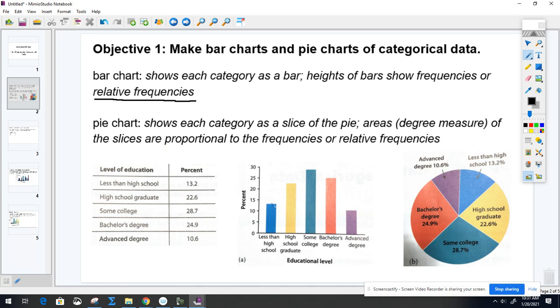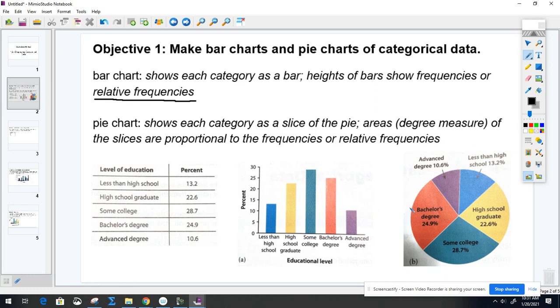We can put that into a bar chart and see which has the most. In this, you can see that the highest bar has some sort of college degree, and it gets close up to 30 percent. Same thing with bachelor's degree, it looks like it's at about 25%.